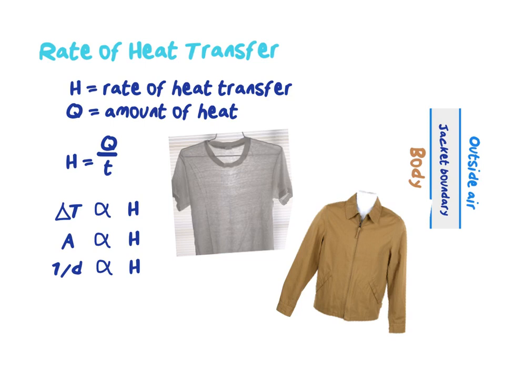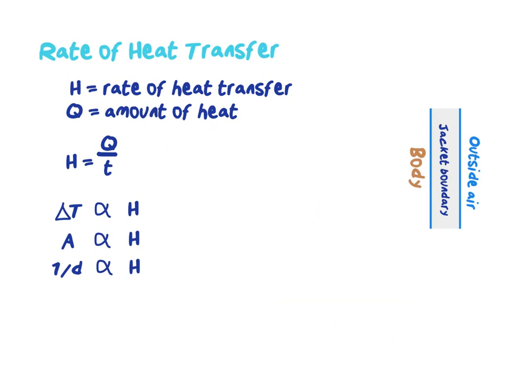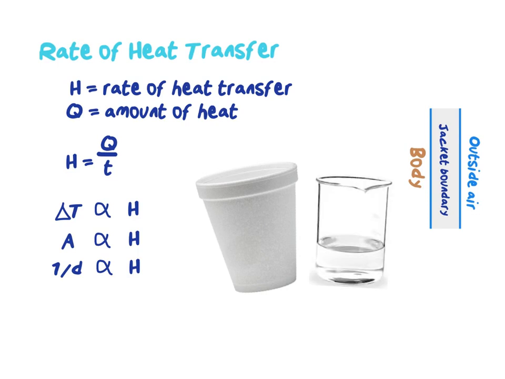Finally, the kind of material that is the boundary between the two systems will be effective in allowing heat to transfer or not. For example, a styrofoam cup is a lot better insulator and prevents the rate of heat flow between your hand and your hot coffee more so than a glass does.